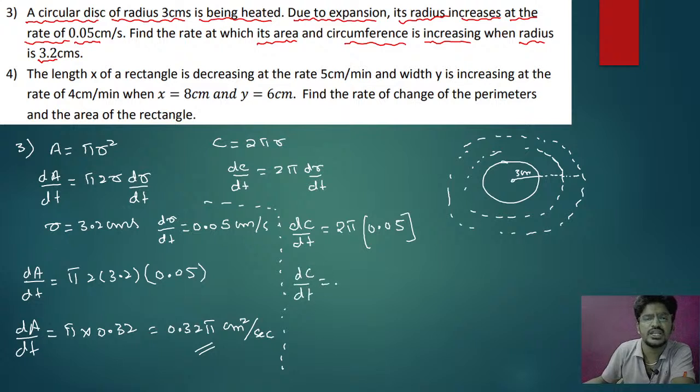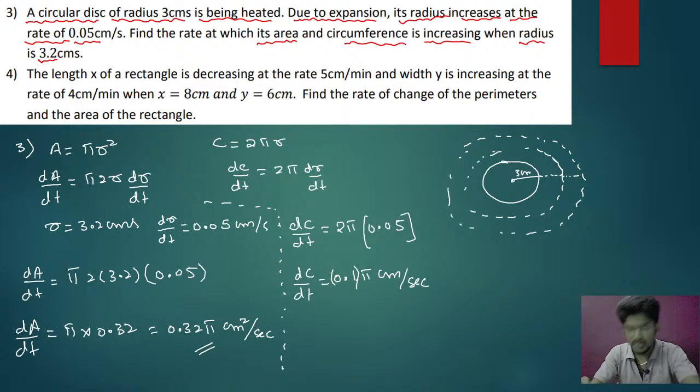Therefore dC by dt is equal to 2 pi into 0.05, that is 0.1 pi centimeters per second. Clear? This is your answer for the rate of change of area as well as the rate of change of circumference. Clear, everyone?